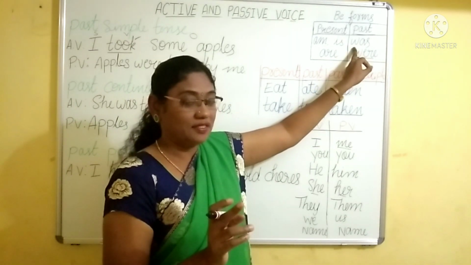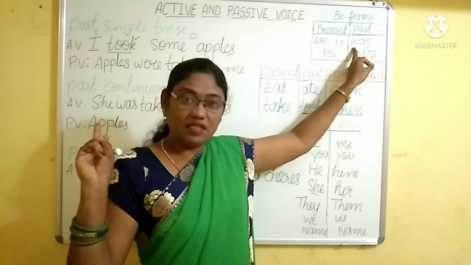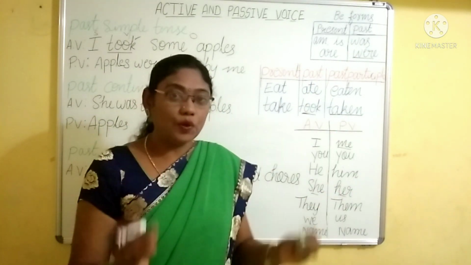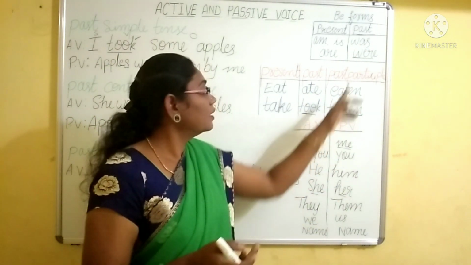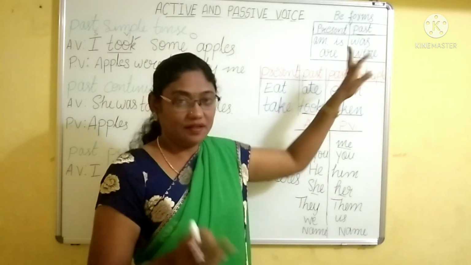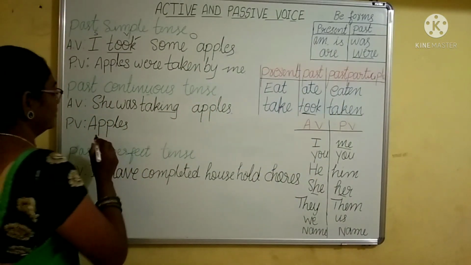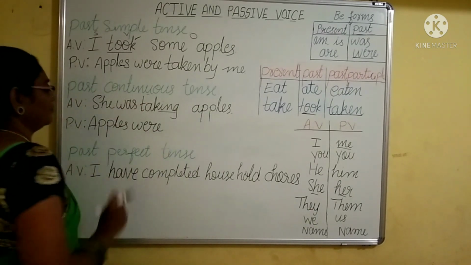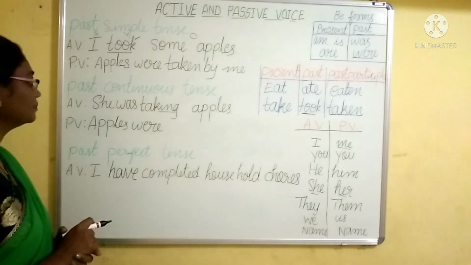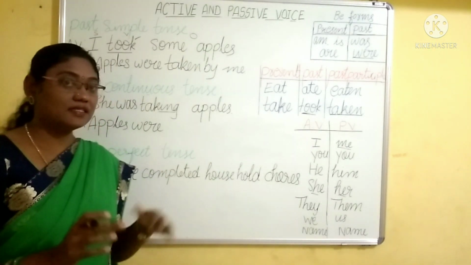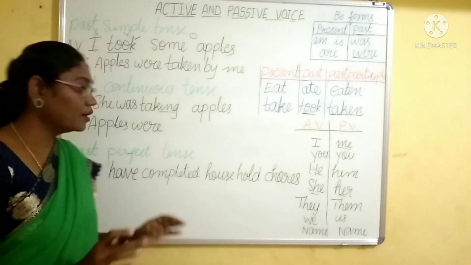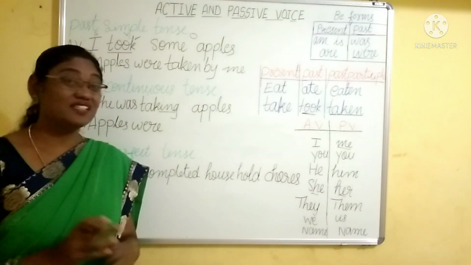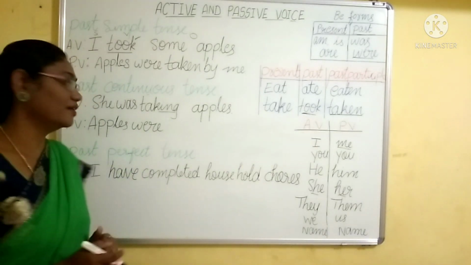We should not select was because the subject is plural. So past tense, plural, be form. What? Were. Absolutely were. We have to write were here. Apples were. Then, is that finished? No. We have to add a term here. What is that term? Being.